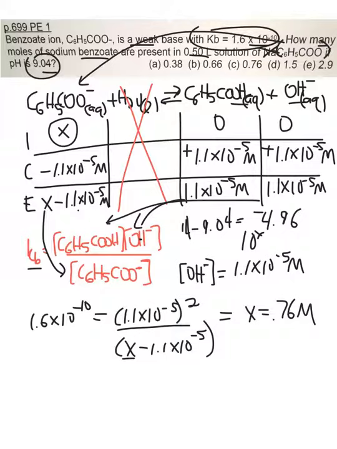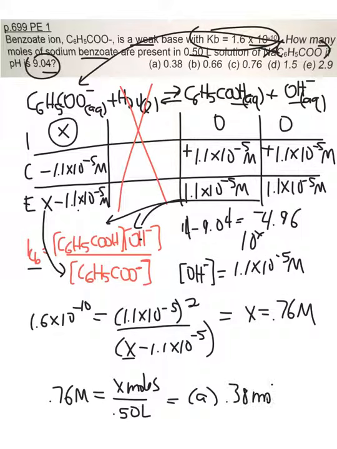So if you want to know how many moles, if we know 0.76 is the initial concentration, then they're giving us the amount of liters, and now we can determine the moles up here, and the answer ends up being roughly 0.38 moles of sodium benzoate. Again, Na is more of the spectator here. We were more interested in the benzoate ion.